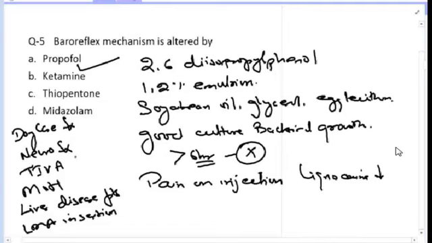So what are the systemic effects of propofol? Now in the cardiovascular system, propofol causes a fall in blood pressure which may not be associated with tachycardia.